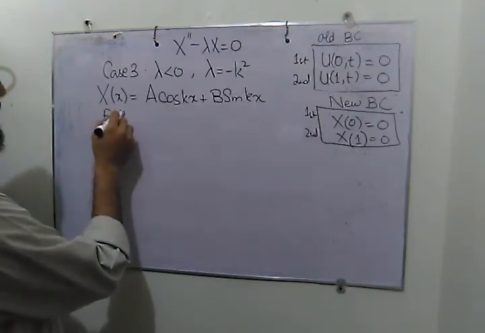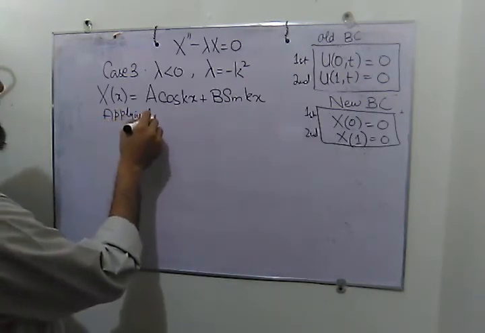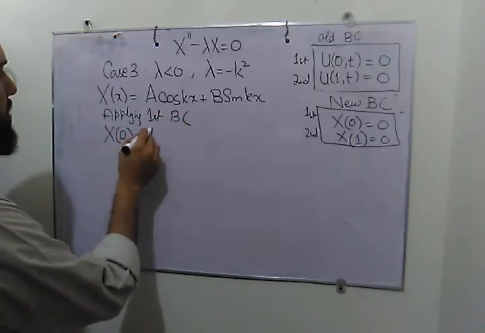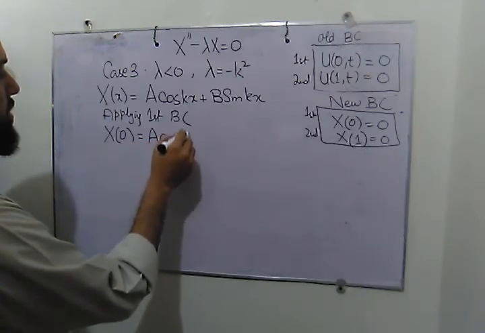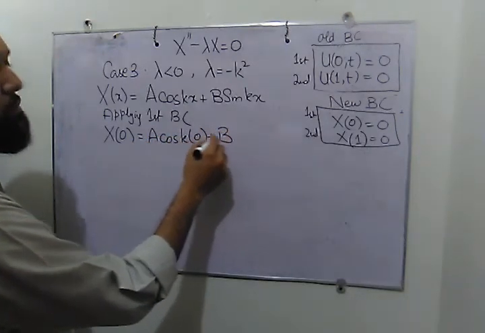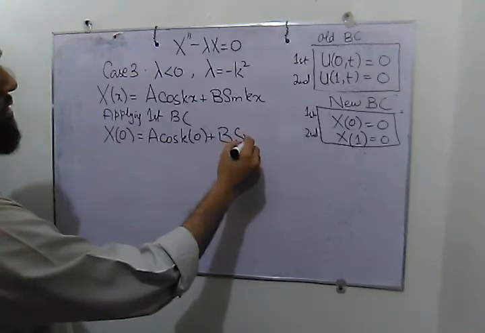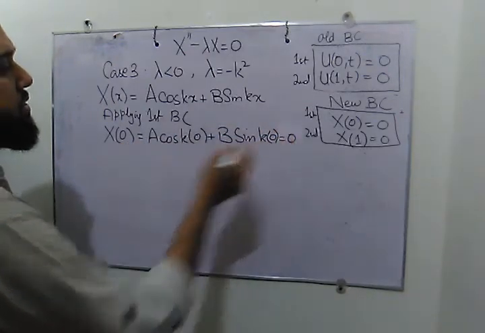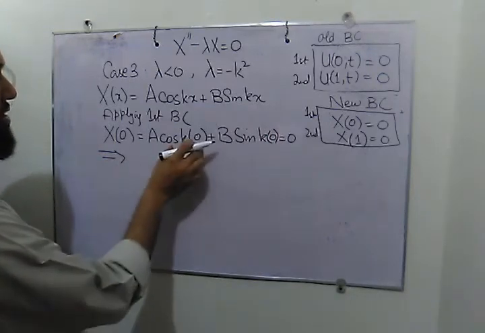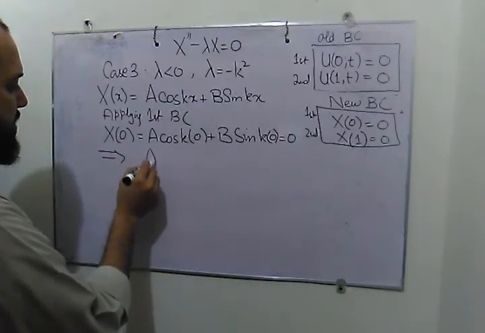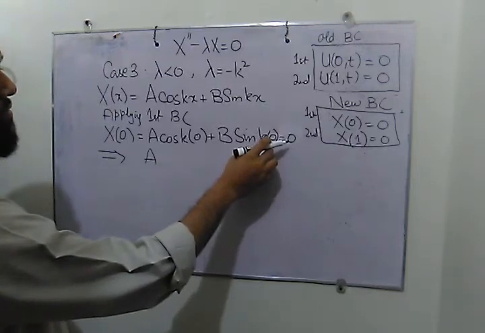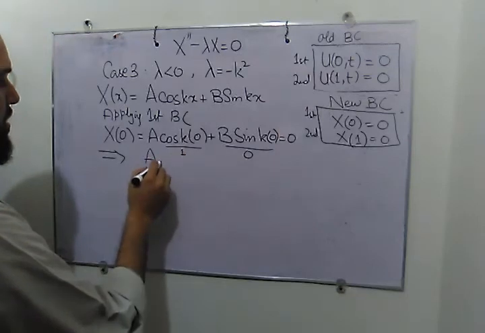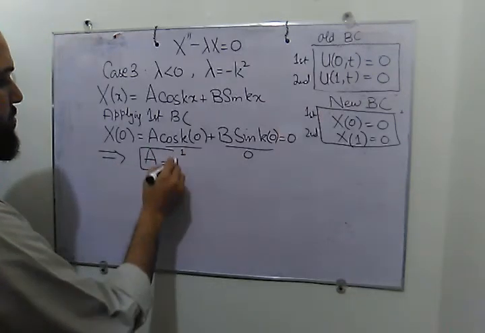Applying the first boundary condition, x of 0 is equal to a cos k into 0 plus b sine k into 0, and this x of 0 is equal to 0. Cos 0 is 1, so we have a here. Sine 0 is 0, so the whole term will become 0. We are left with a is equal to 0.